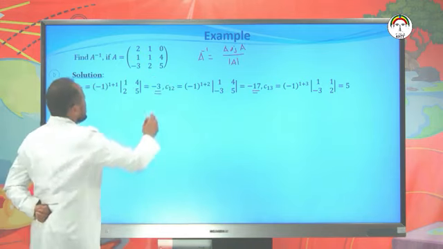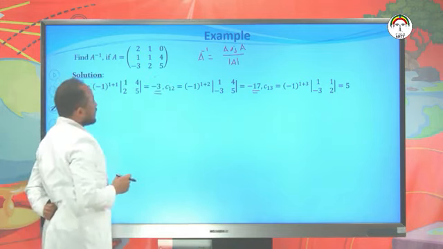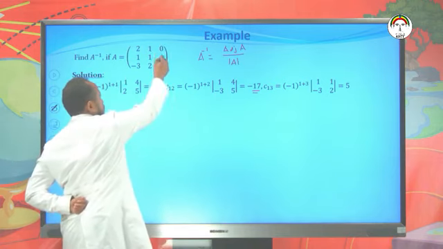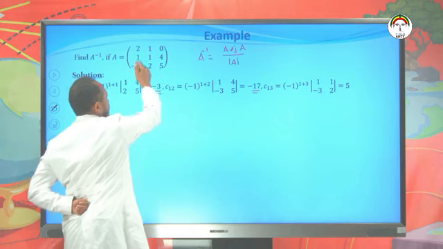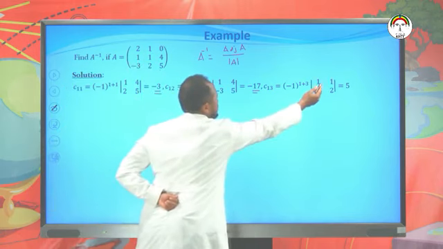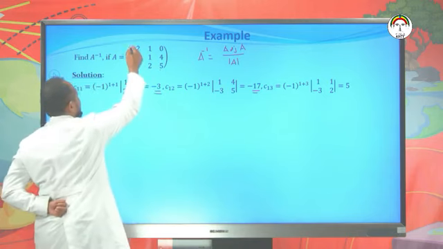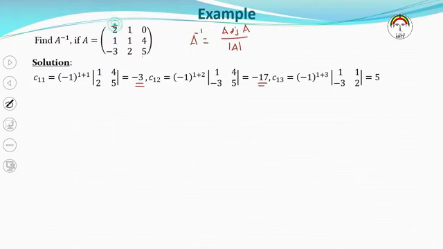And next, we need to find the other cofactor of the row. The cofactor of 1, 3: cancel this column and this row. You have 1, negative 3, 1, 2. By the way, to find the sign you can use this pattern: plus, minus, plus, minus, plus, minus, plus, minus, plus.